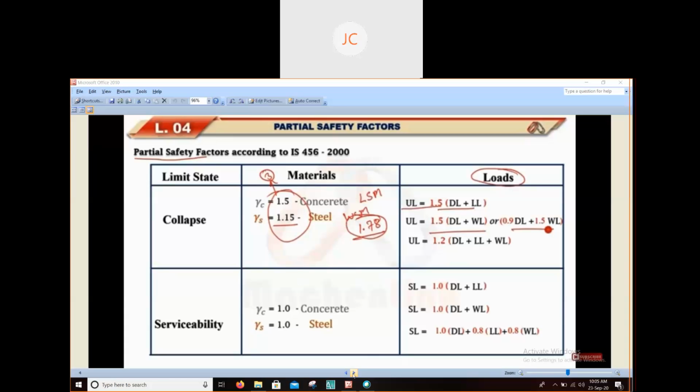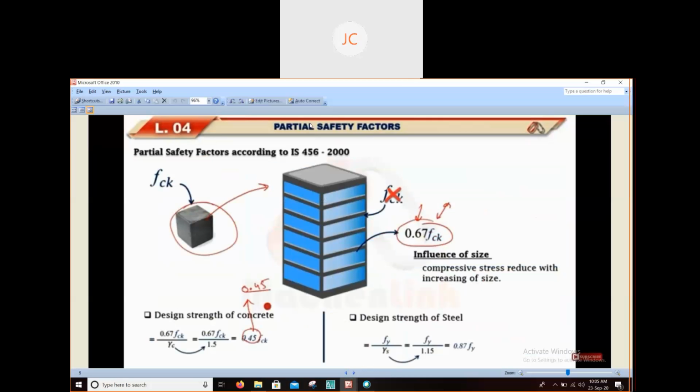So next thing, see here how we can use partial safety factors. Now in the previous cases, in working stress method, if M20 grade of concrete is given, that means we will understand that FCK value is 20.